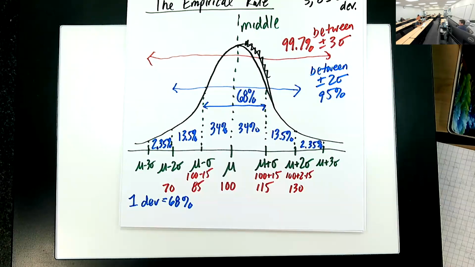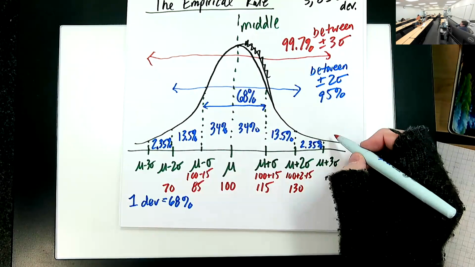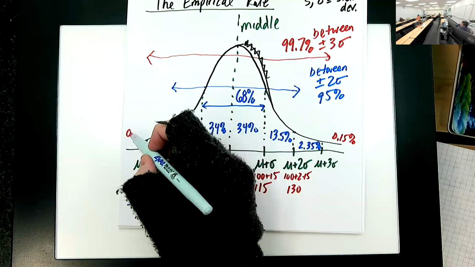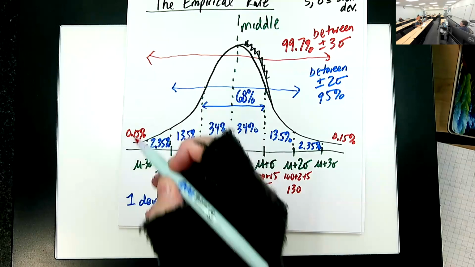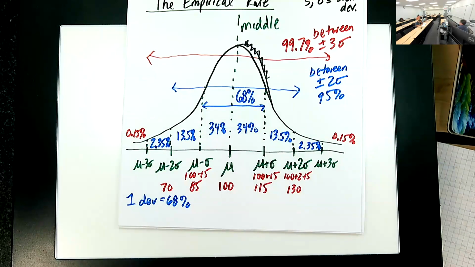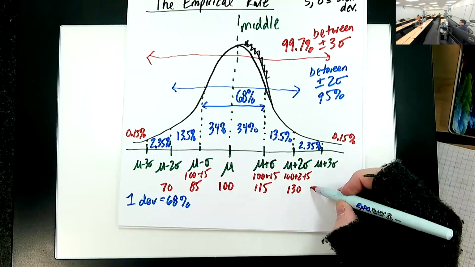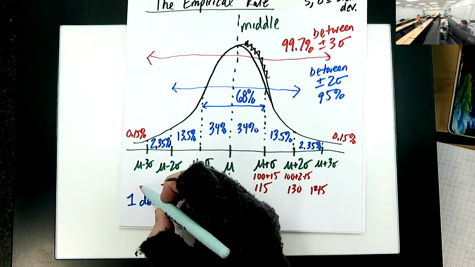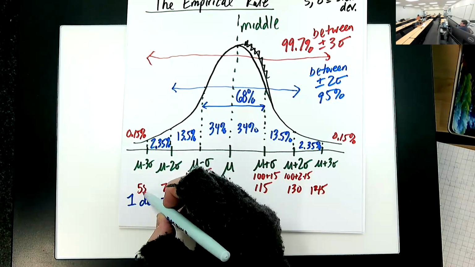And beyond that is 0.15% on both sides. It's very little. Three deviations would be 145 and 55.